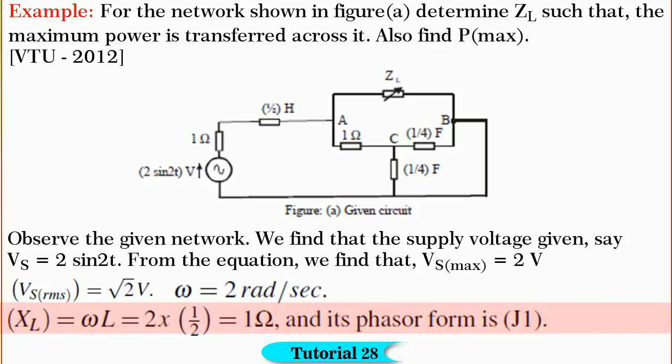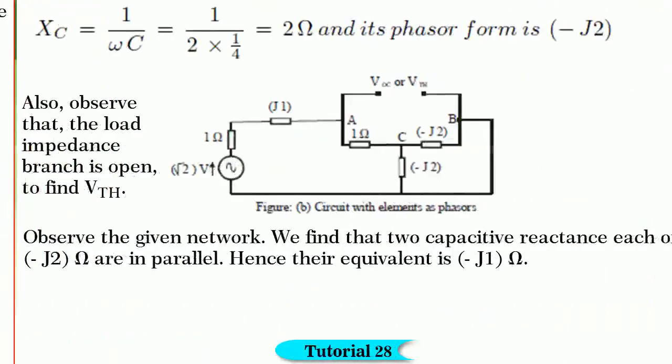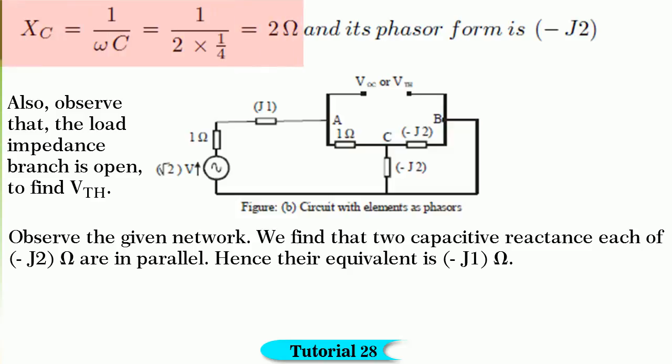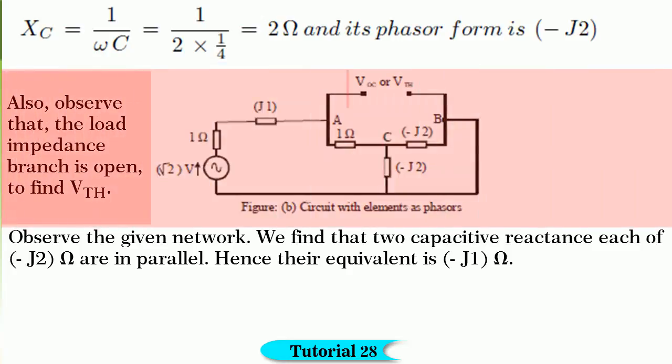Therefore, using these values, we get XL is equal to 1 ohm and its phasor form is j1 ohm. Similarly, XC is equal to 2 ohm and its phasor form is −j2. Hope you know this. Incorporating these values, we get the circuit shown in figure B. Observe that the load branch is open.